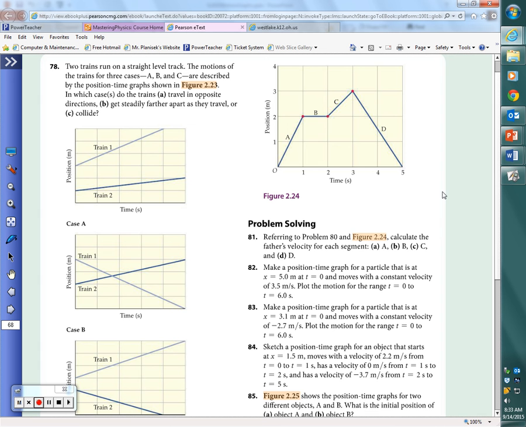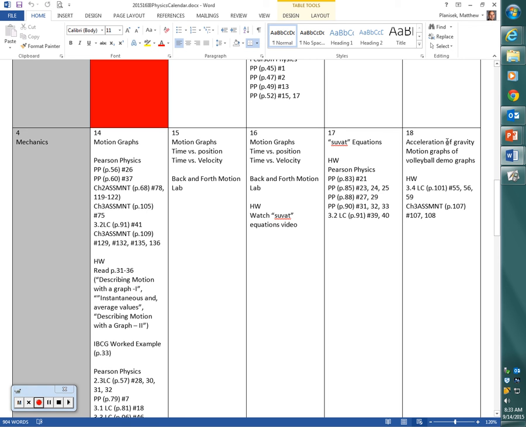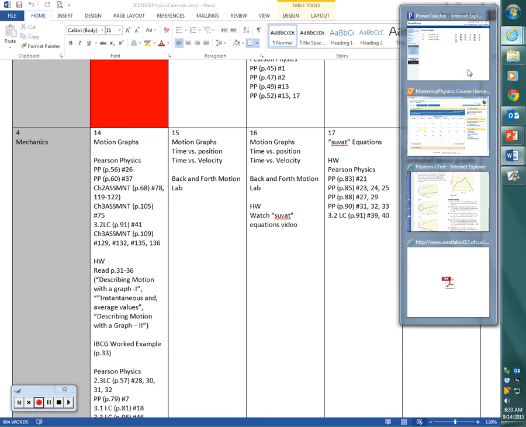Flip your book to, this is going to be a big jump. Hold on. Flip your book to page 109.